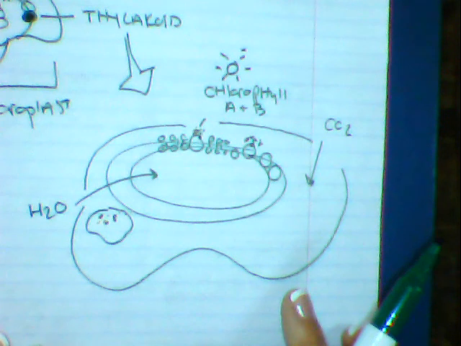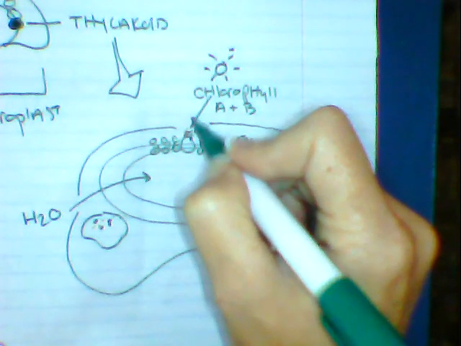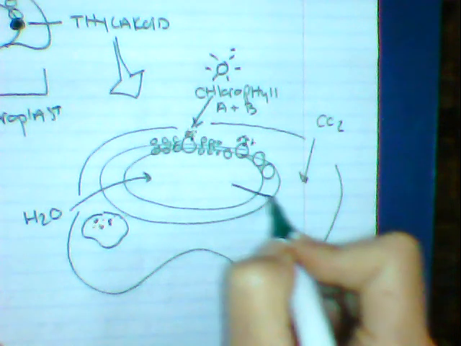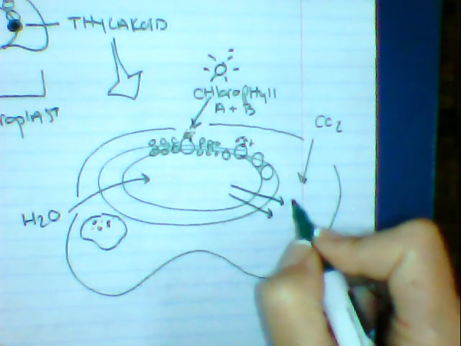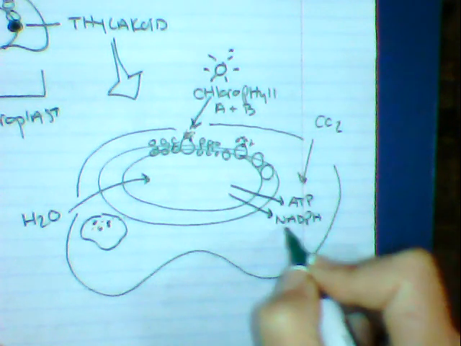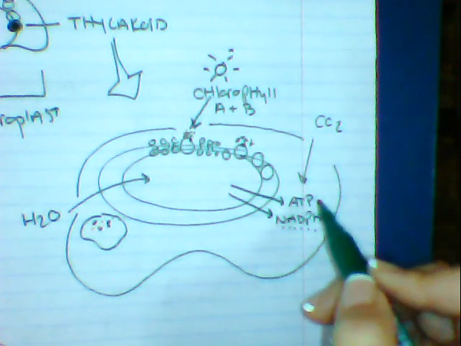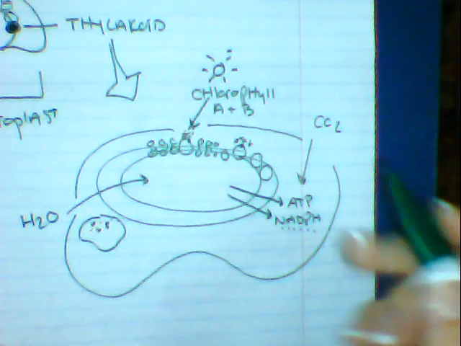And let's go ahead and talk about our process. So water and then sunlight is going to come inside. And then what we're going to pump out into this little area over here, which is known as the stroma, is your ATP and then NADPH. NADPH is what's known as an electron carrier, and ATP from our last lecture is your energy storage.